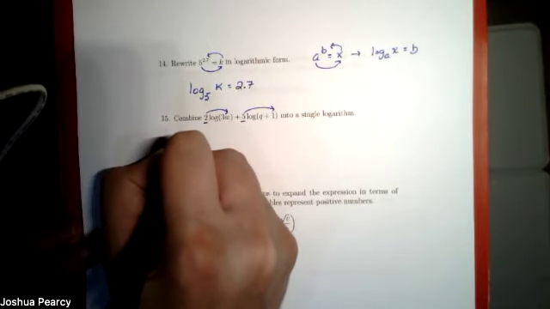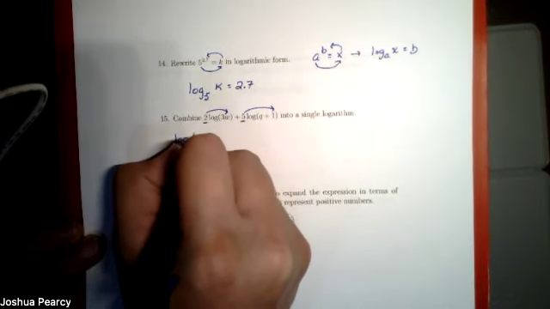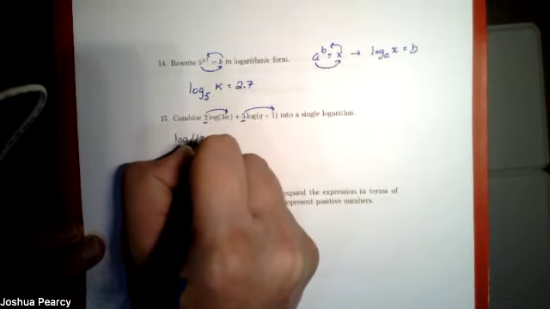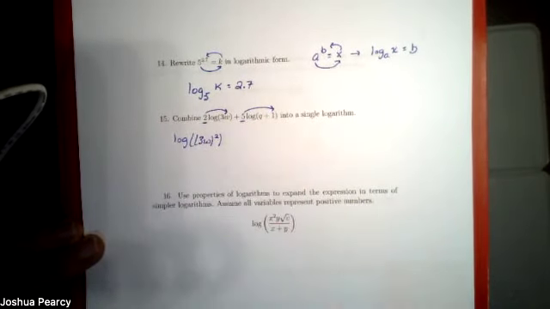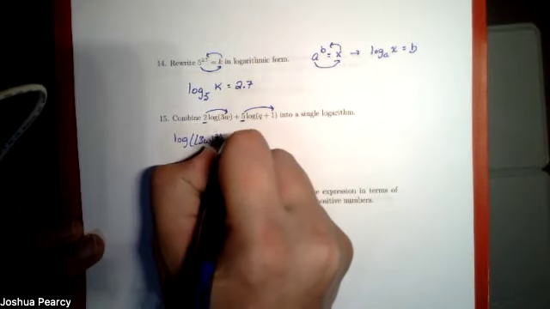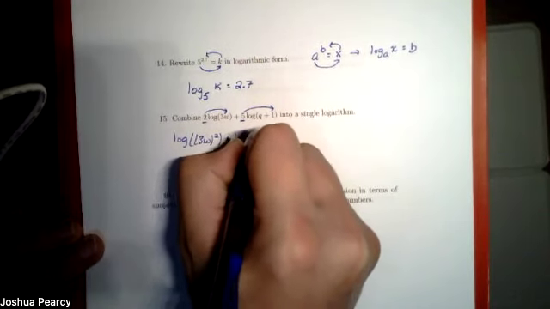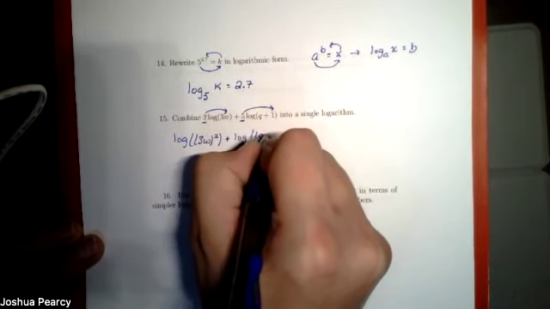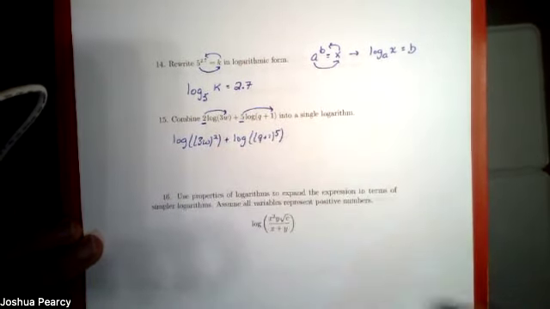I would start with log of 3w, and I would bring this 2 back into the exponent of the logarithm right there. And the same thing here, I would do plus log of q plus 1, and I'd bring the 5 back into the exponent up here.